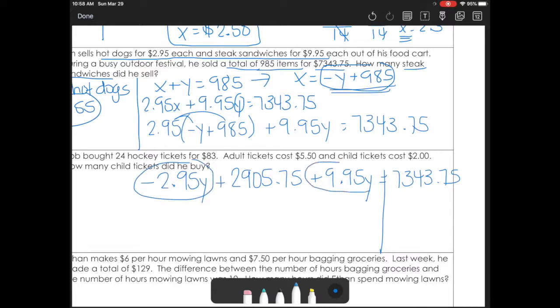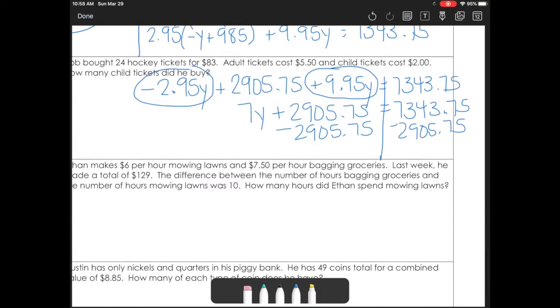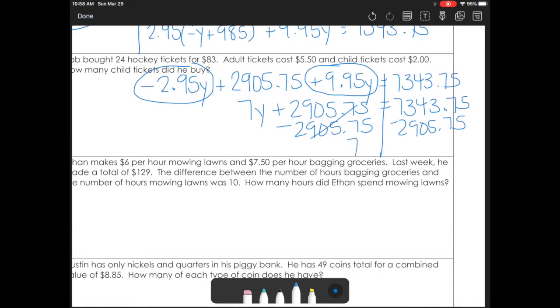Minus this mess. $7343.75 minus 2905.75, 4438.